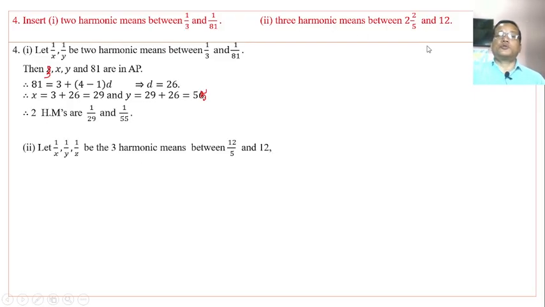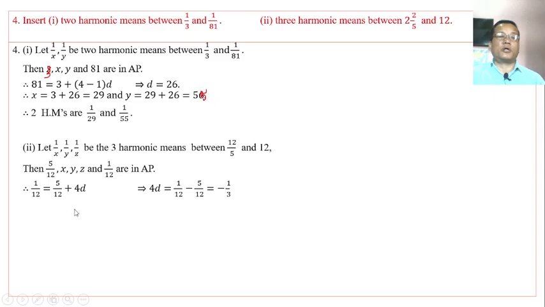For the next, it should be three harmonic means, the same process. The corresponding AP we take: 1 by 12, then the first term is 5 by 12, so 5 minus 1 by 4, and the d value is minus 1 by 12. The x value is the first term plus common difference, simplified to 1 by 3.